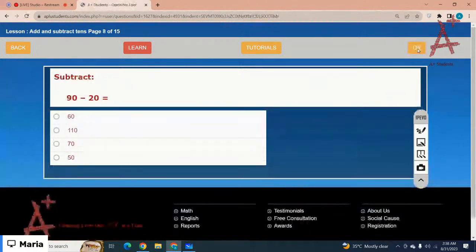90 minus 20. Which is the correct option? 0 minus 0 is 0 and 9 minus 2 is, yes, 7. So 90 minus 20 is 70.